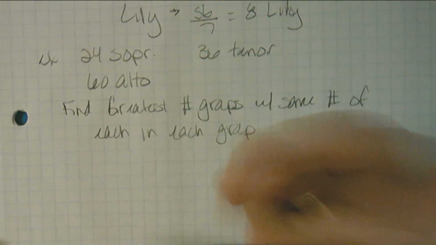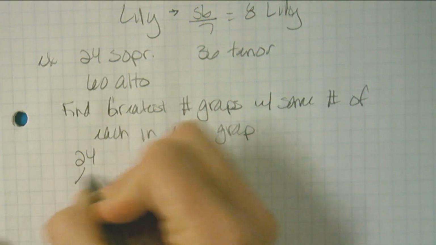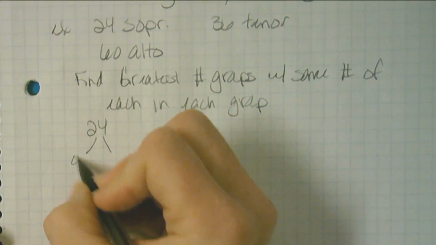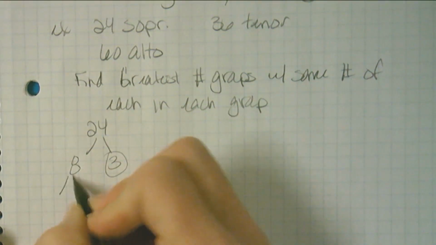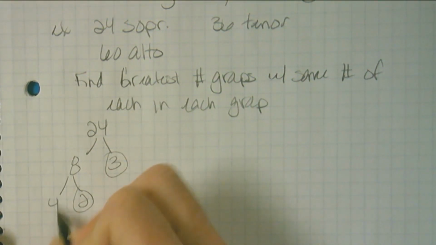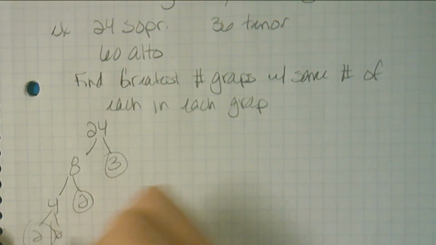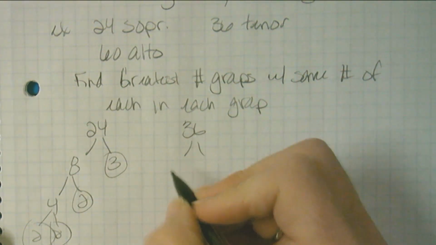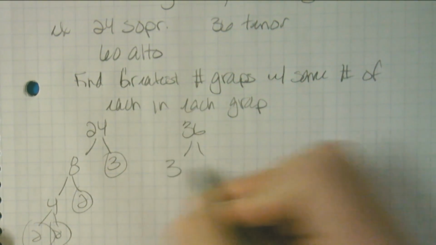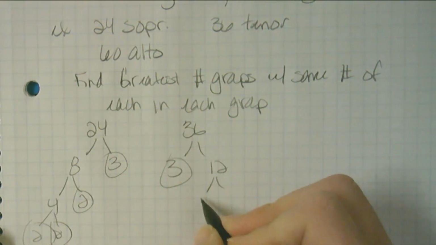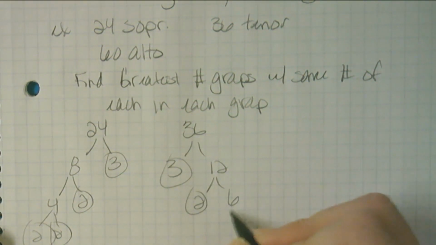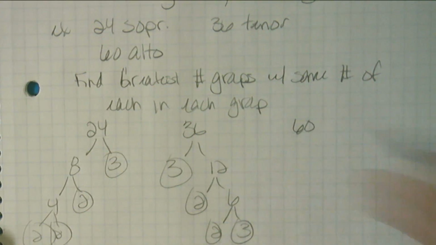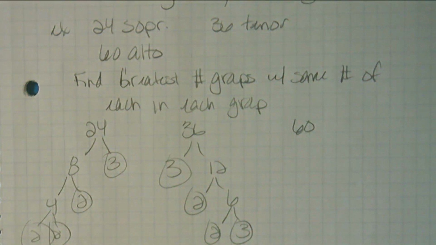All right, so someone do the prime factorization of 24 for me. Go ahead, Brendan. All right, Danny, do 36 for me, please. Excellent. AJ, do 60 for me, please.